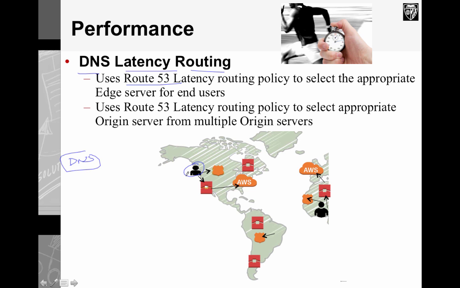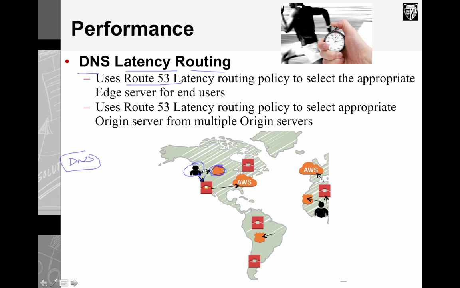The host name has to be translated into the IP address, and that's where Route 53 or the DNS server comes in. Based upon the IP address from which the request went into the DNS server, the DNS server can recognize exactly where the user is located, and based upon where the user is located, and based upon several other factors, such as latency, the DNS server is going to send the user to the appropriate edge server.